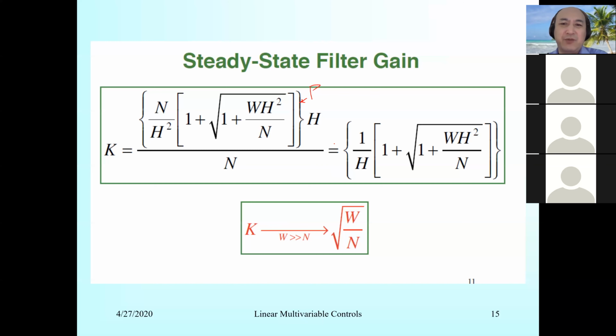By some manipulation, you are going to get this equation. In other words, in this case, if W is greater than N, then the 1 can be ignored. So this can be ignored, and H cancels, so you end up with this one. This is asymptotic, and this one has meaning.